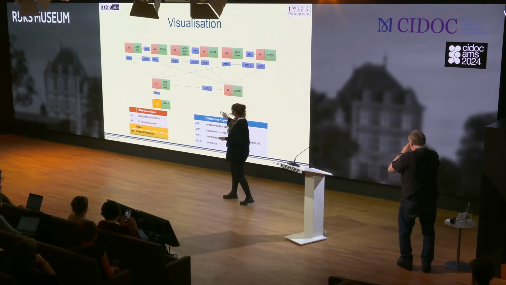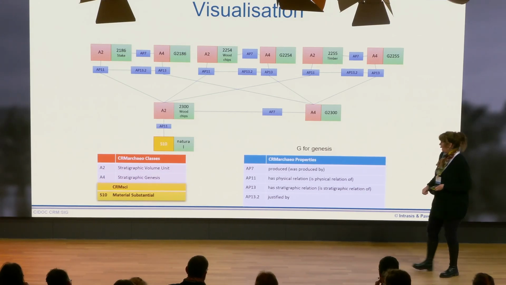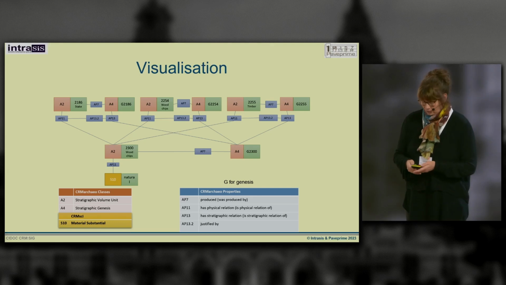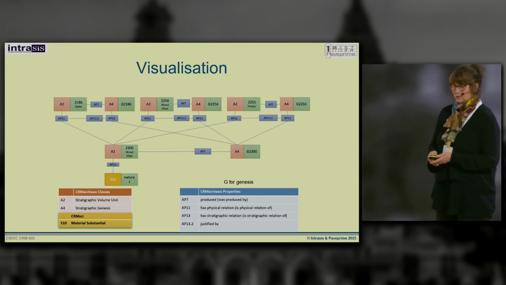We have just one example that we are also connecting to CRM Sci, which is that the layer 2300 was made on top of natural. It's called only natural. In Swedish, it's called the underground.